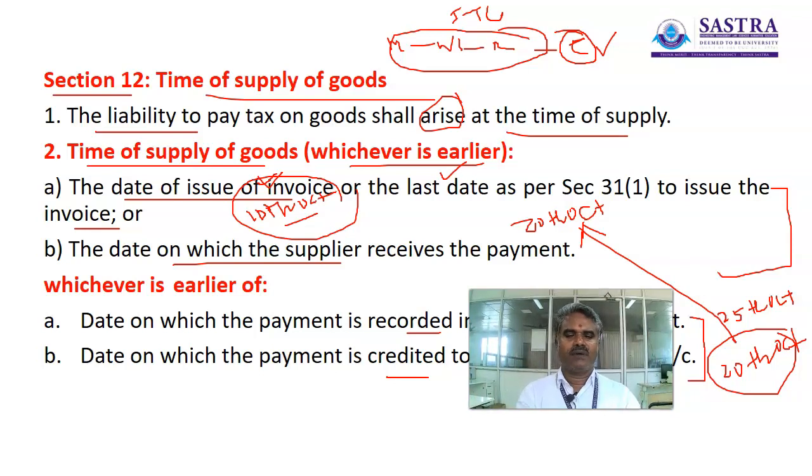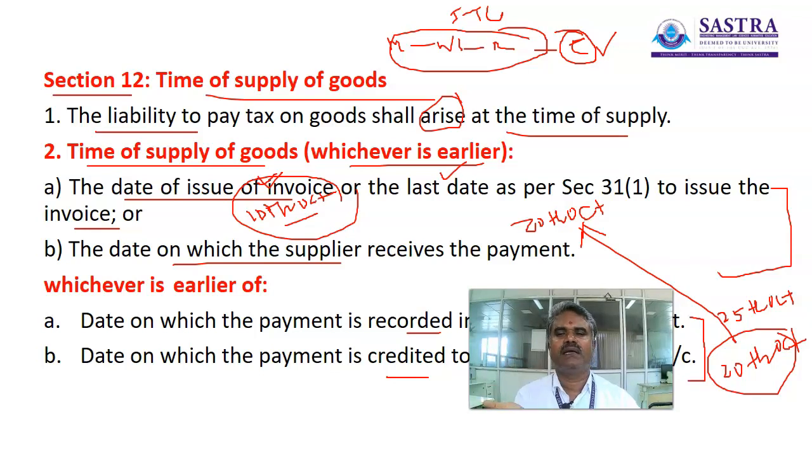They are taxable supplies. So on the very day you calculate the time of supply, your supplies are liable to pay tax. This is the time of supply of goods, my dear students.